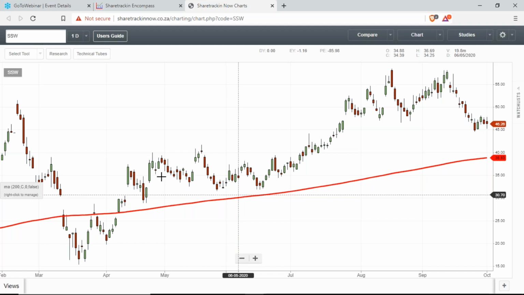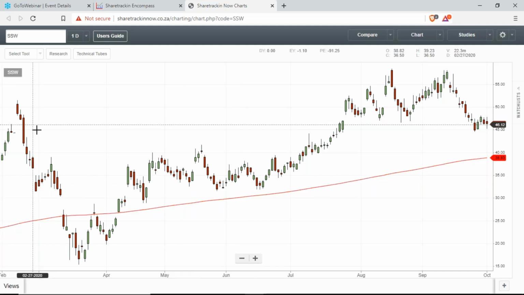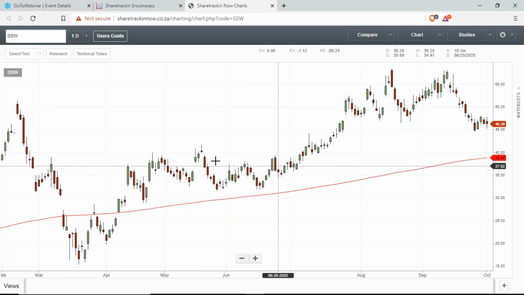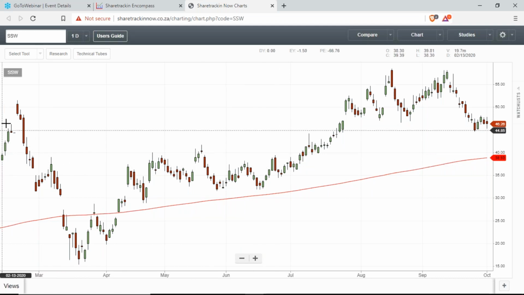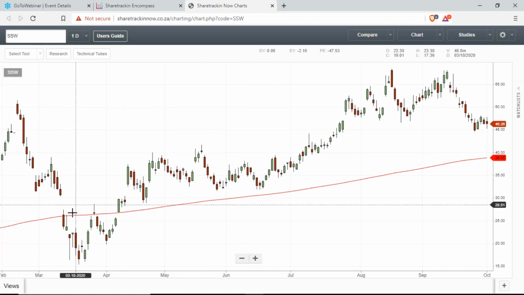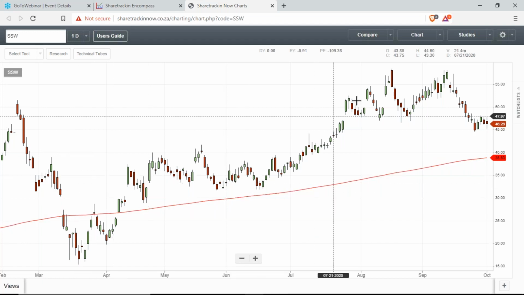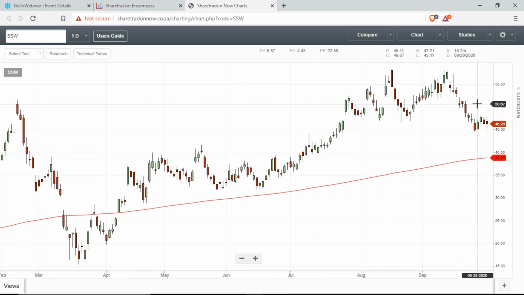So in other words, it would follow this trend exactly, more or less. So it would come up, fall, come up, and as the share falls and climbs each time, your moving average would move. So we want a smoother indication to see.